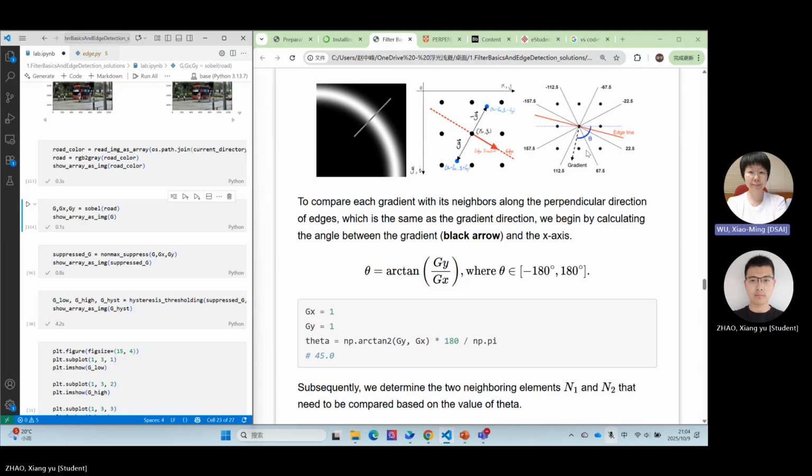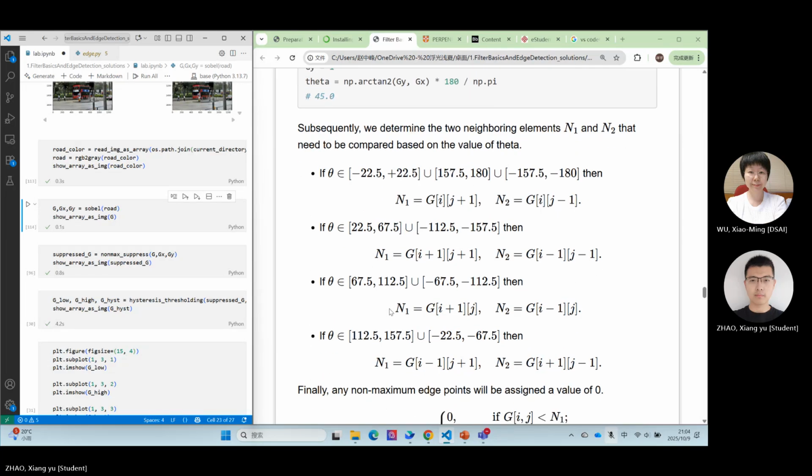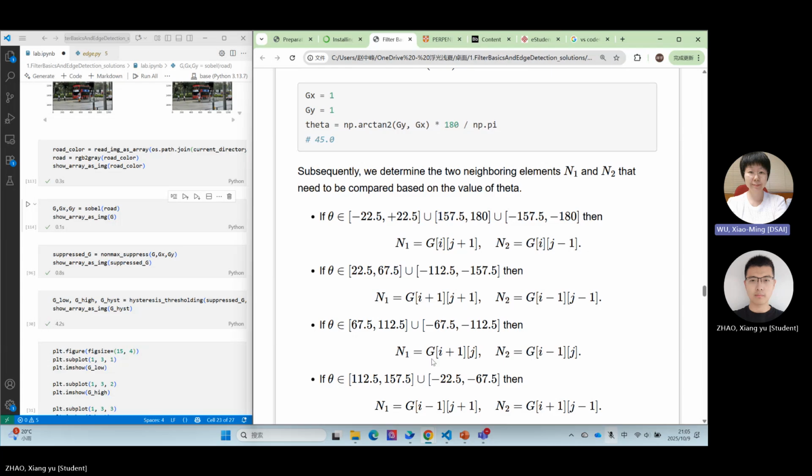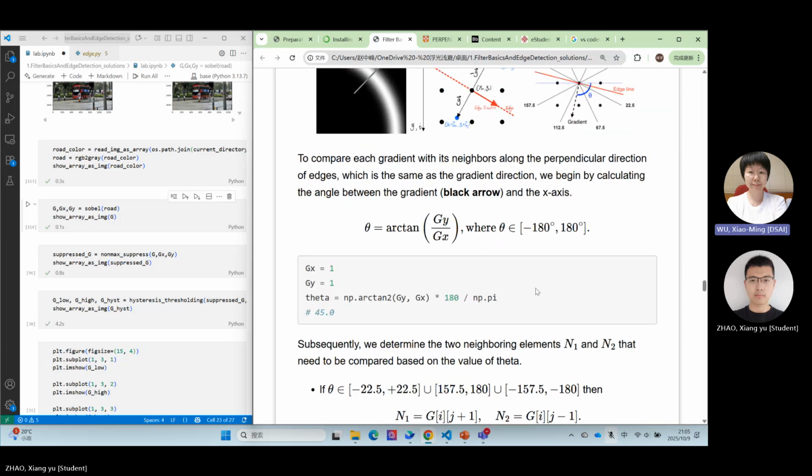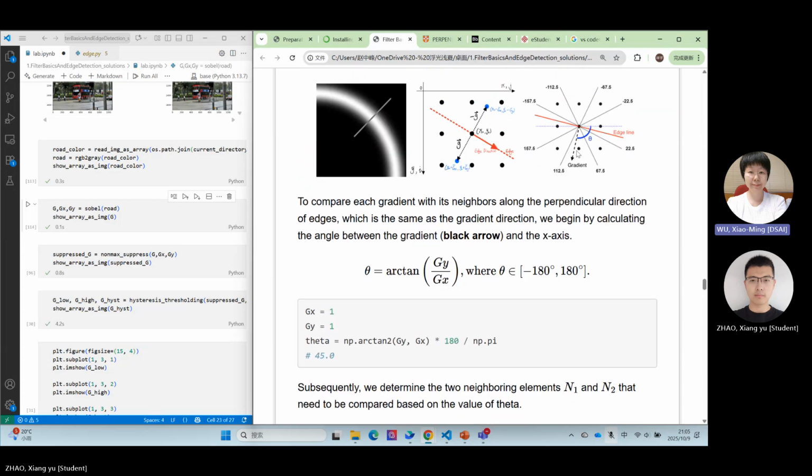Take this example. The theta is between 67.5 and 112.5. You just need to use these equations, and you can find the N1 and N2 you need to choose. From these equations, that means N1 and N2 are this point and this point.